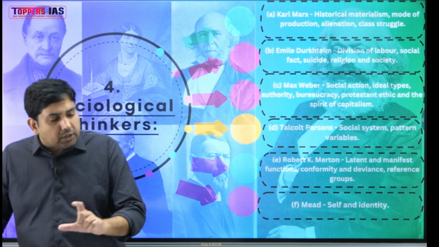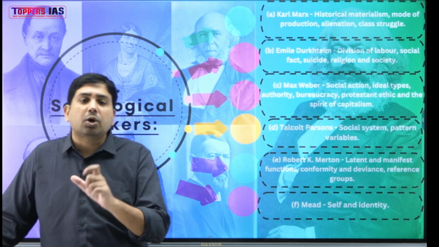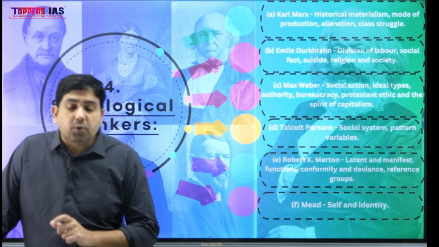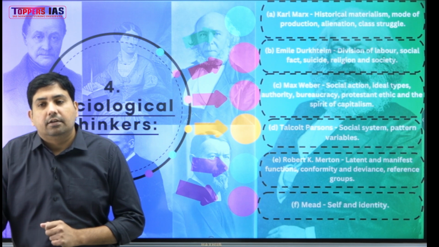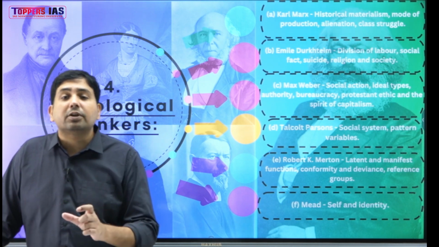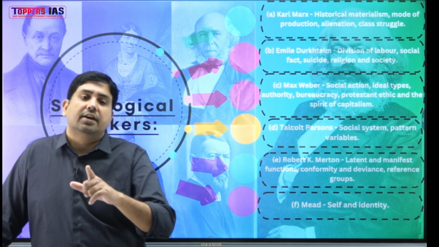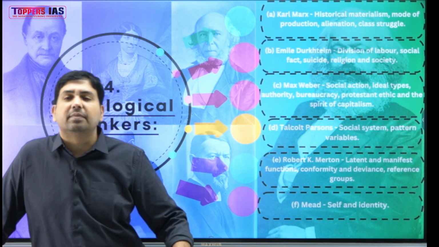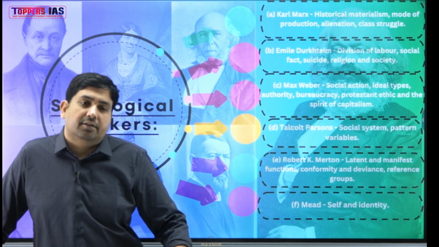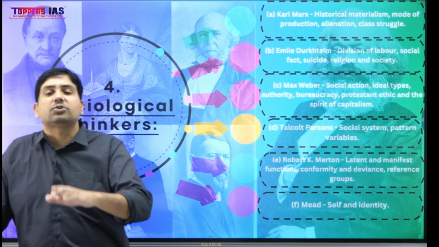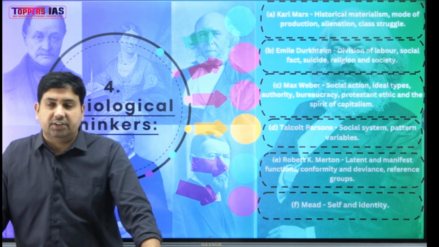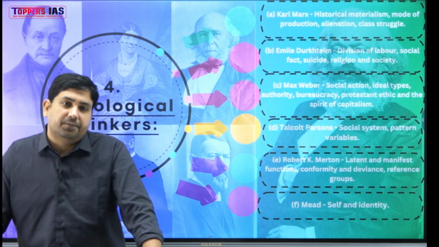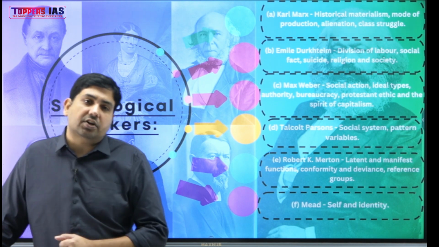And when it comes to the idea of mode of production, what is this mode of production? It refers to his view of social structure, how society is conceived, what society is made up of. So Karl Marx talks about a base and superstructure. We study that, very interesting. And then class struggle.